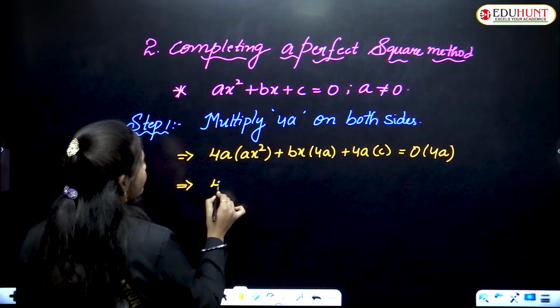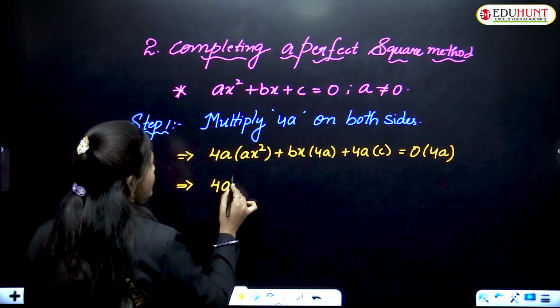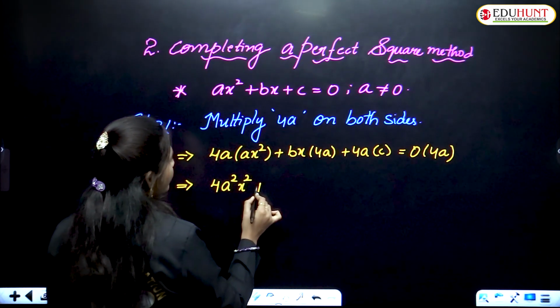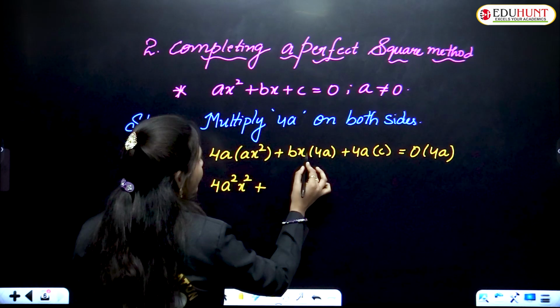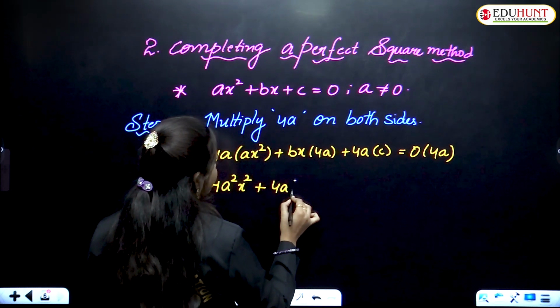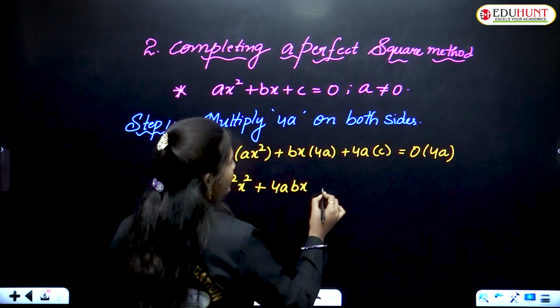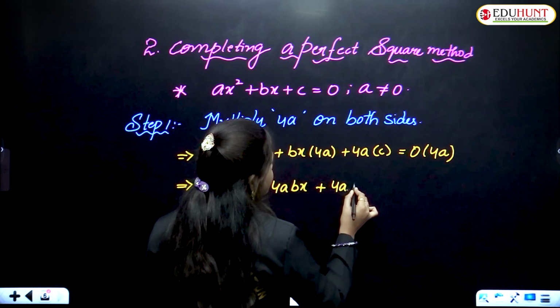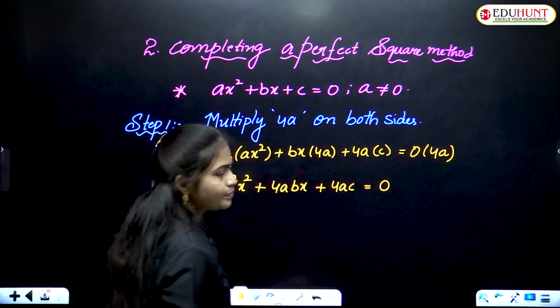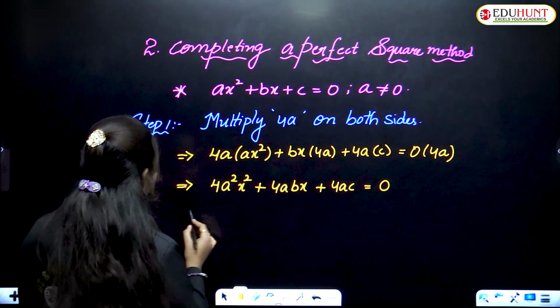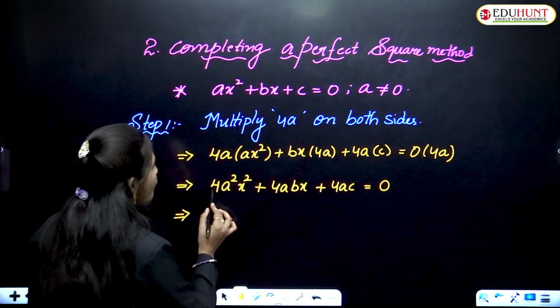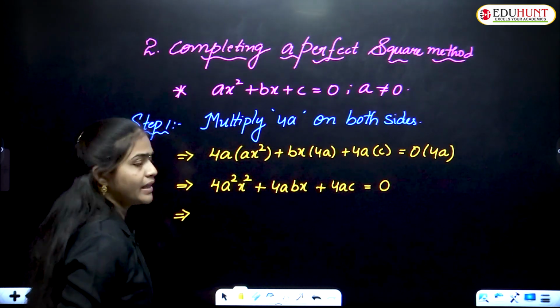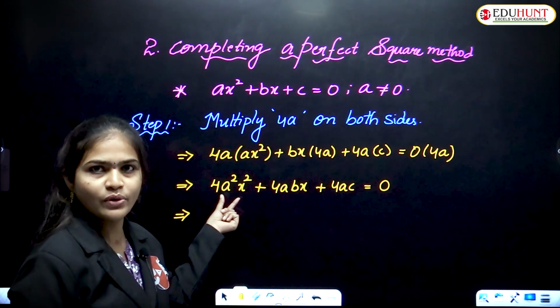So from this, what can we write? 4a square x square plus 4abx plus 4ac, which is equal to 0. Now I want to write this as 4a square x square. This is a perfect square, yes or no?